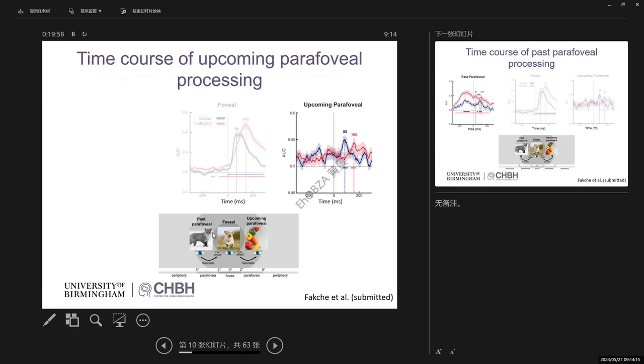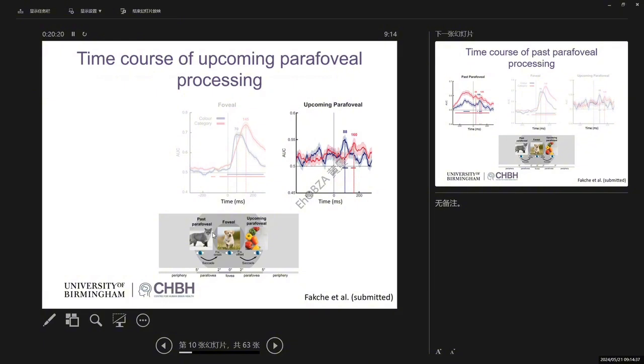Here the color is more clear in parafoveal. Yes. But in foveal cases, you can see the color is not significant. Yeah, that's correct. So the way we interpret this is that indeed color can be decoded in the parafoveal, but it's not particularly sustained.